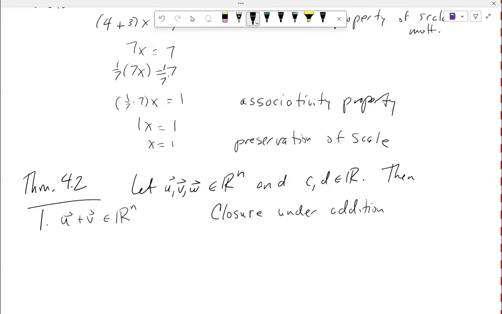This just says that I have a way that I can actually combine two vectors under addition. Now, it may be the case that addition isn't normal addition. We may define it weirdly, but that's all this says. We have closure under addition.